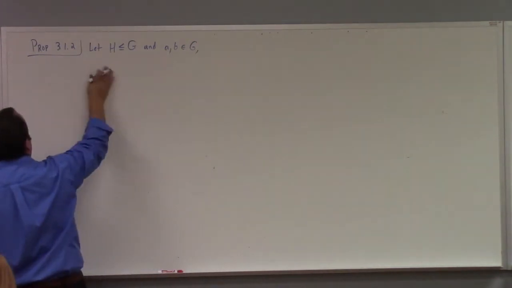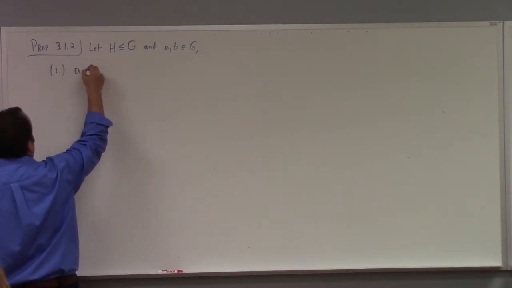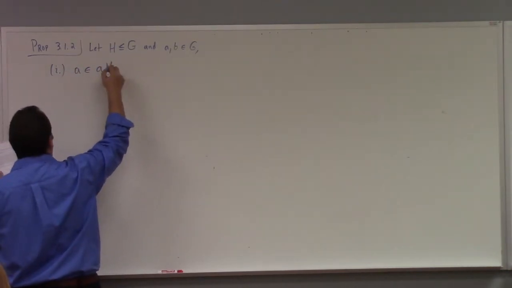Then we have a bunch of interesting features for the coset. First of all, a is in aH.